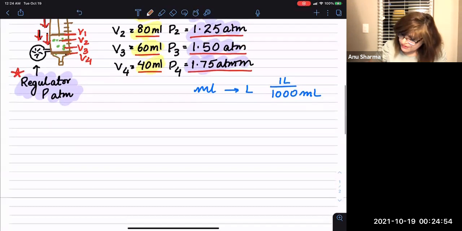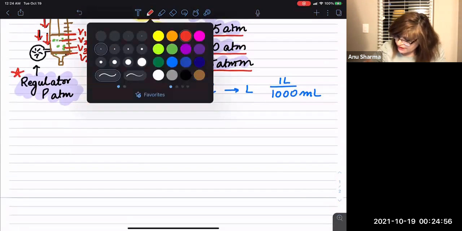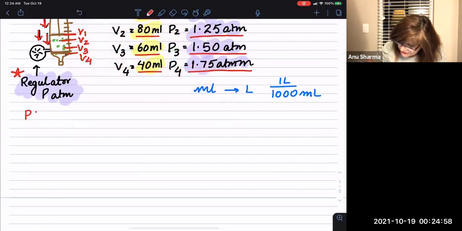So now we see a relationship: as the pressure increases, the volume goes down.